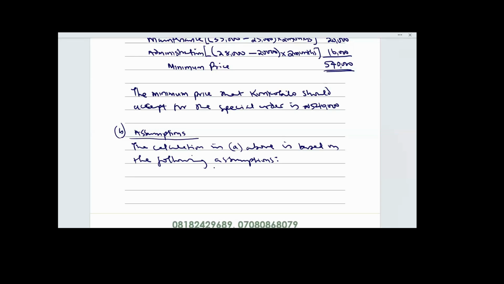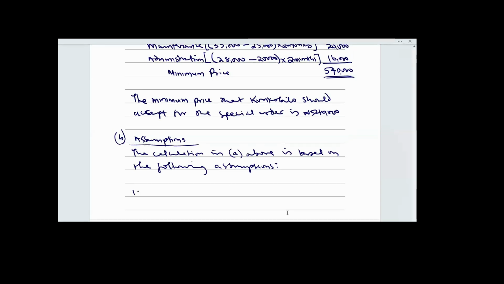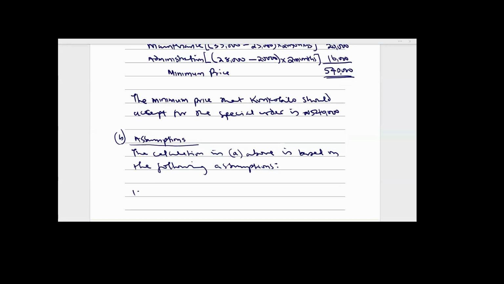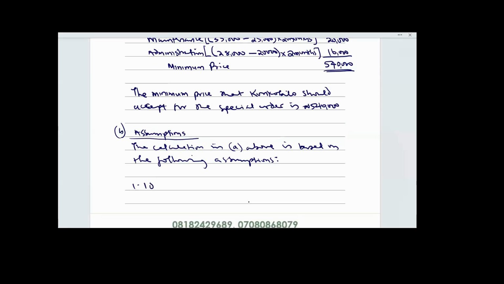So number one, in the first paragraph, you are given hydro facility of 2 million naira. And we said that 2 million naira is irrelevant because it's an historical cost. So you need to state your assumption. So I would then say hydro facility.